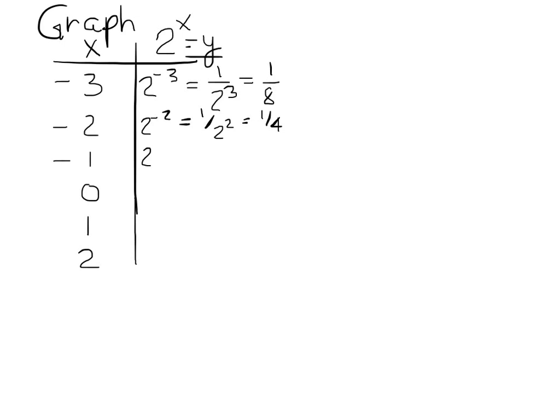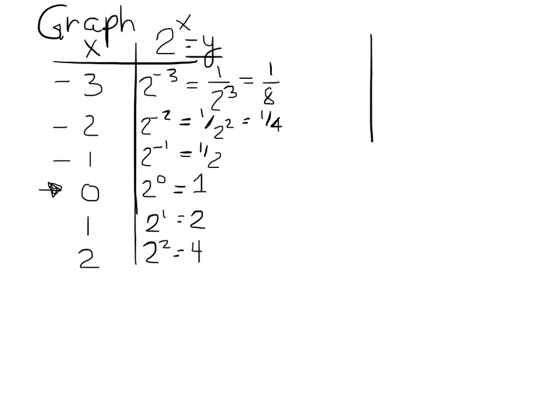And I can keep going. 2 to the -1 is the simplest, 1 over 2. 2 to the 0, remember anything to a 0 power is always 1. Okay, so that's going to be really important to us. And then of course 2 to the 1 is simply 2, and 2 squared is 4. So you kind of see how this has got some symmetry. I'm not going to name that symmetry, but it's got some pattern going on here.